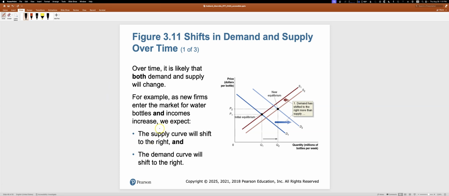So if I were grading this person, I would say we don't have enough information here. You would have to say that it's also a normal good. So I do see an error in the slides here. I don't make the slides, by the way. Pearson and all of its godliness makes the slides. But I guess this is why you have a PhD economist here teaching you that the slides are wrong. They also would need to say that they have a normal good. Then I would know to shift the demand curve. And it looks like it's shifting more than supply.